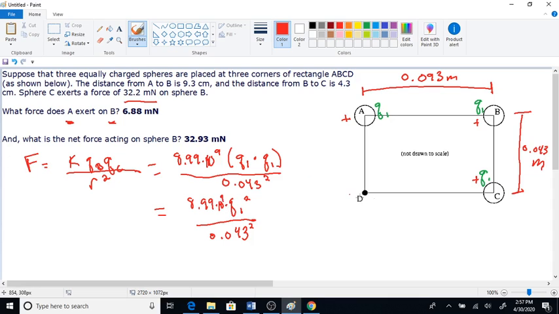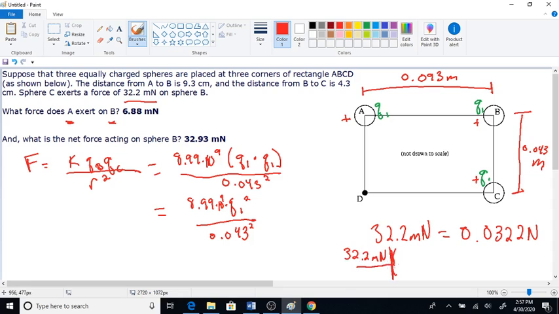It's 32.2 millinewtons, which we need to turn into regular newtons: 0.0322 newtons.